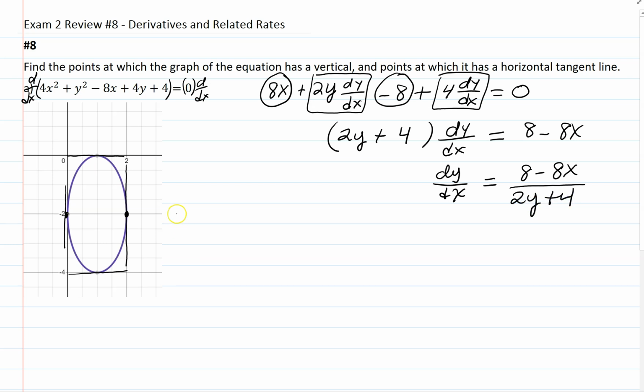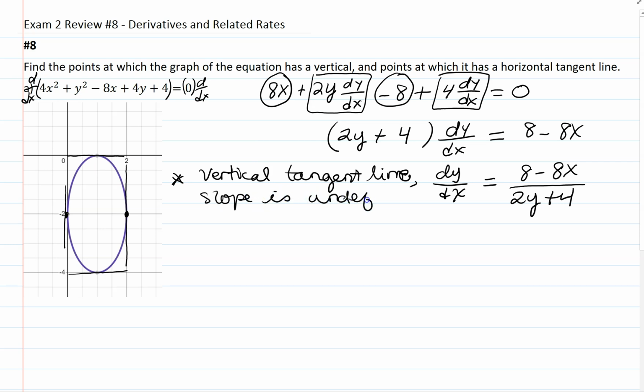Okay, so for a vertical tangent line, the slope is undefined, and since the slope is this fraction right here, a fraction is undefined when the denominator is equal to 0.